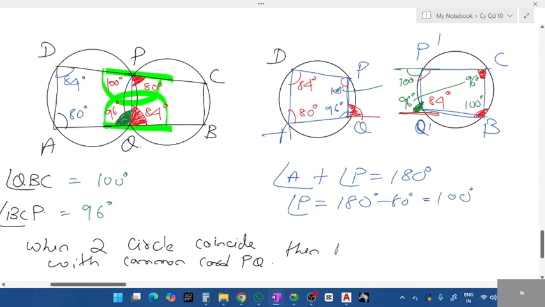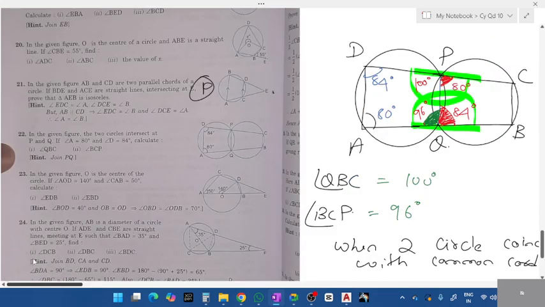Therefore, AQB is a straight line. In the same way, DPQ also will be a straight line. That's the reason angle P and Q is 180 degrees. You can even look at the diagram. Sometimes in the diagram they won't give a straight line like this, but whenever two circles coincide with a common chord PQ, AQB and DPC will be a straight line.